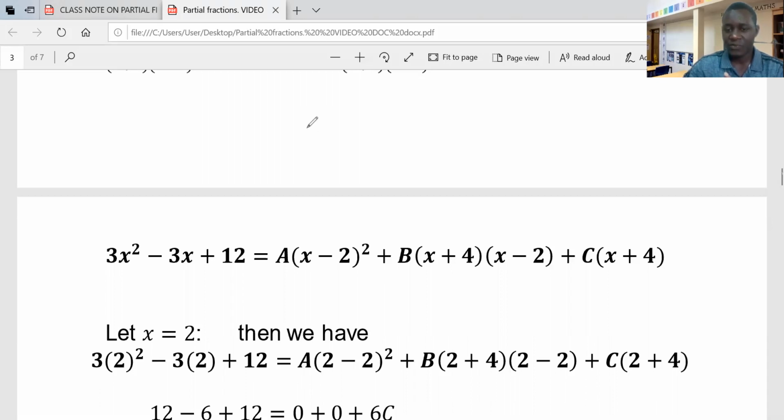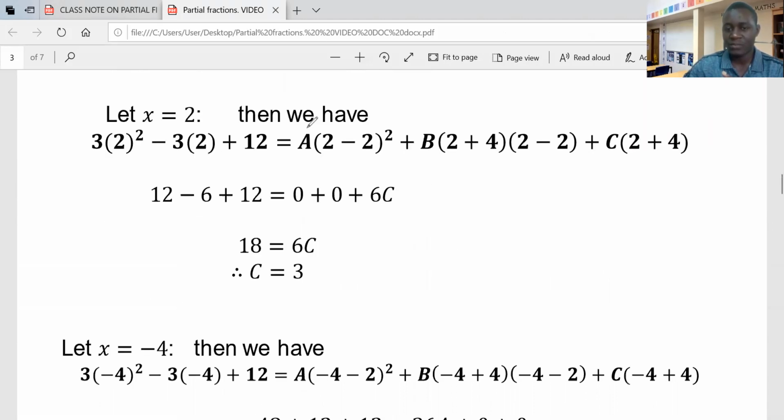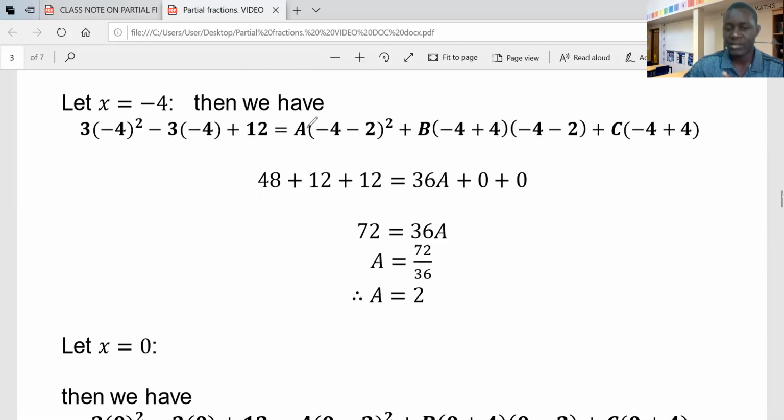Now we are left with finding b. Now you pick a simple value for x that can help to easily simplify and get the final constant. In this case, we are here to get b. So I'm going to pick a value which is very simple, enough for me to get my answer easily.